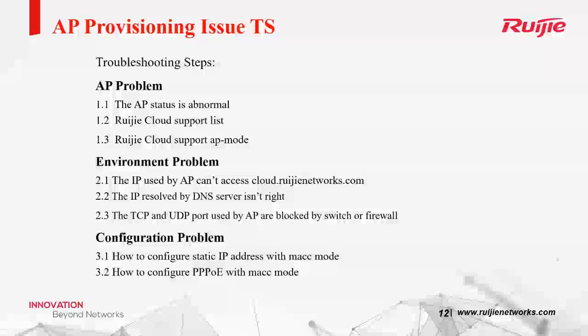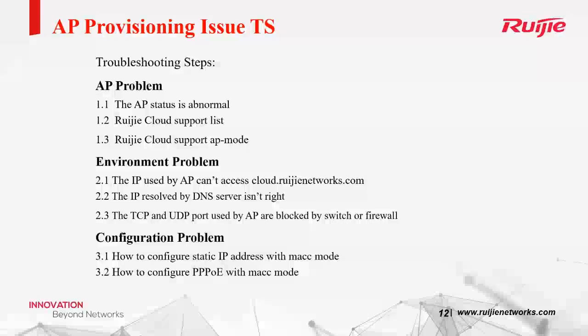That's the first part. Let's go through the troubleshooting steps. First, AP problems. Check the AP status and the Ruijie cloud support list and AP mount. Second is environment problems. Check whether the IP used by the AP can access cloud.ruijienetworks.com.